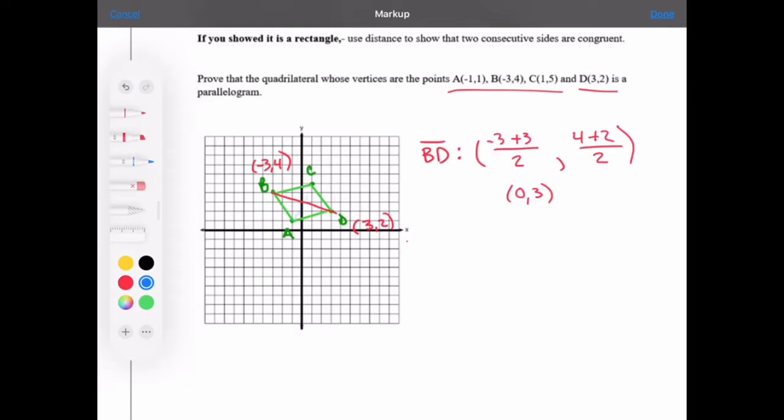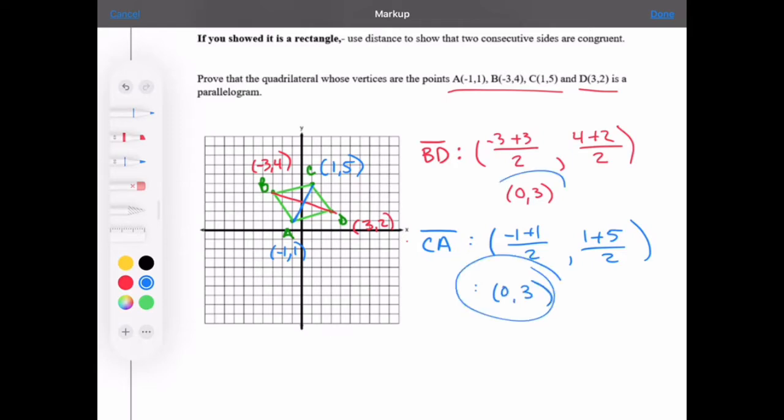Now we have to look at CA, because, right, CA right here, that is the other diagonal. So CA, to find the average of the x's first, we know that A is negative 1, 1, and C is 1, 5. So the average of the x's will be negative 1 plus 1 divided by 2, comma, the average of the y's, 1 plus 5 divided by 2. And we get 0, 3, which, as you can see, those are both the same for BD and CA.